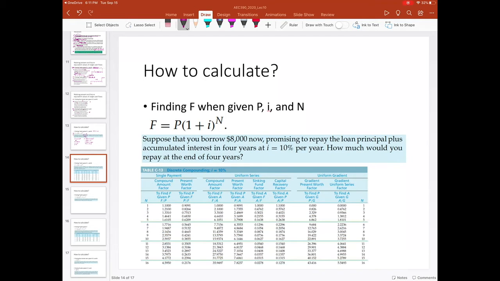Luckily, we have another way to do that. You don't have to do the calculation, but you need to check a table. Here's how you do that.